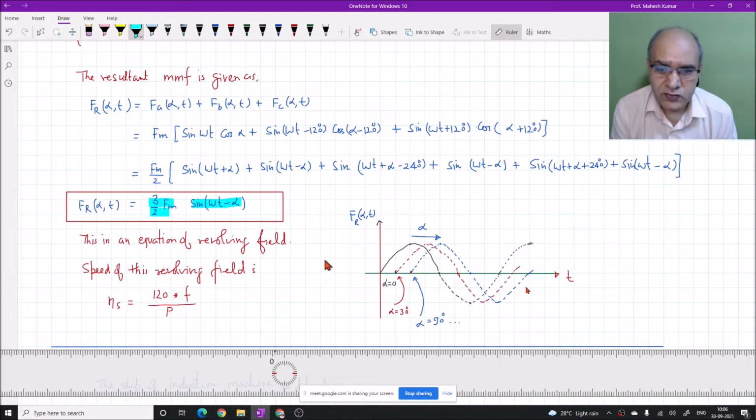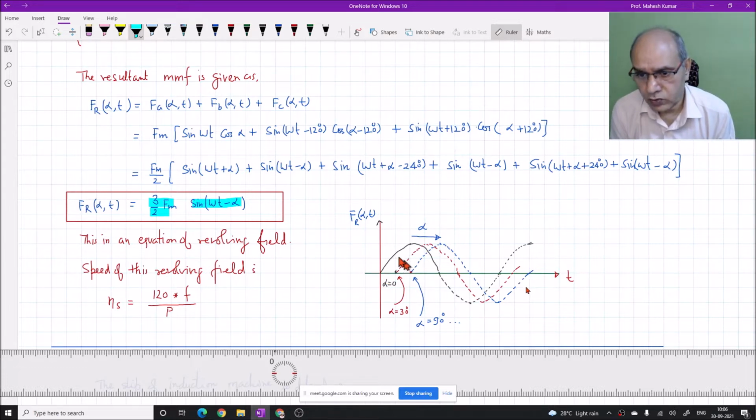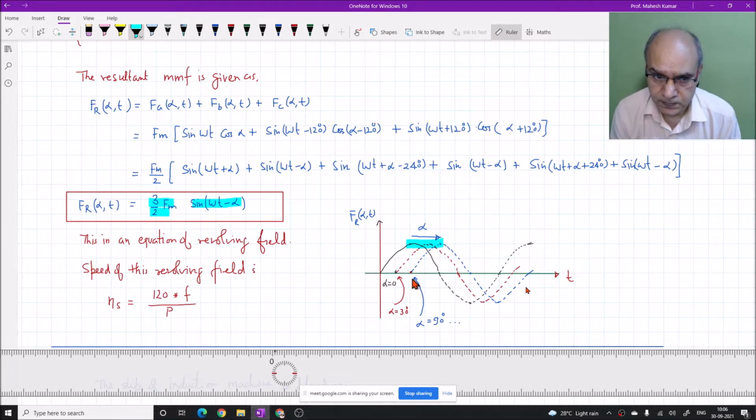So when alpha varies from 0 to 2 pi, the sine wave travels from one position to another. You can see it here, when alpha is 0, then 30, 60, 90 and so on, the wave travels from this position to this position. That's why we call it a revolving field. It revolves in the air gap of the induction machine.